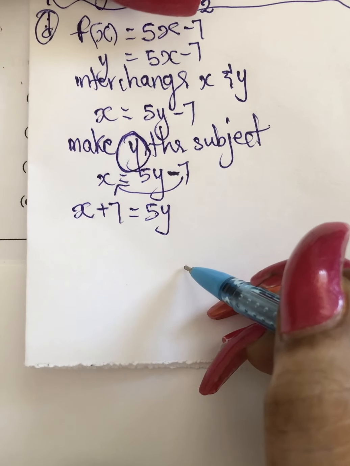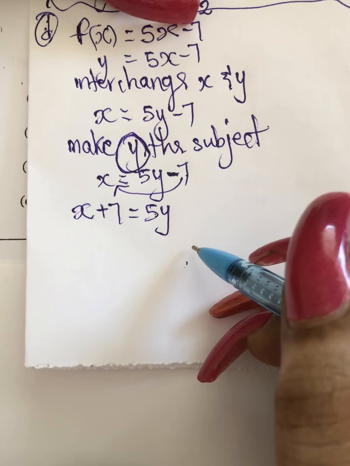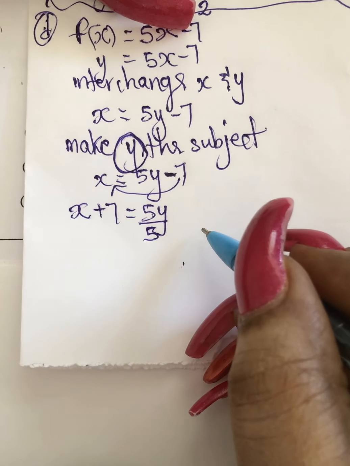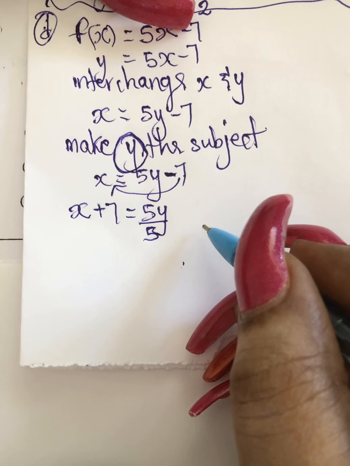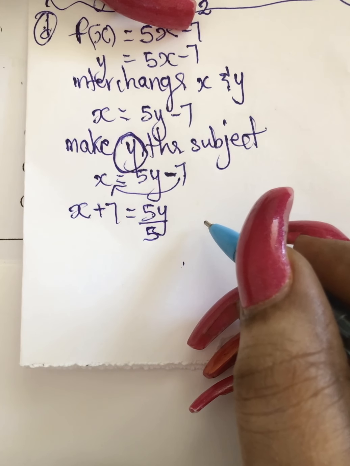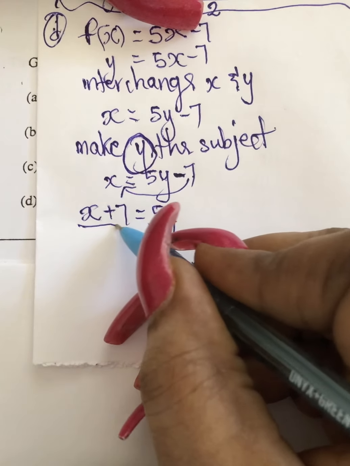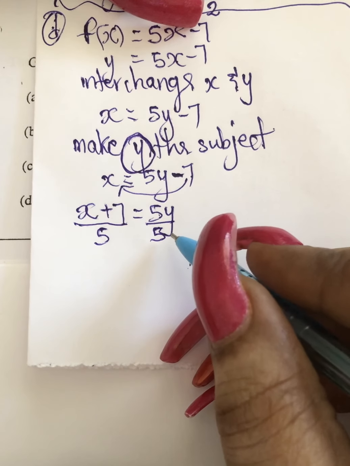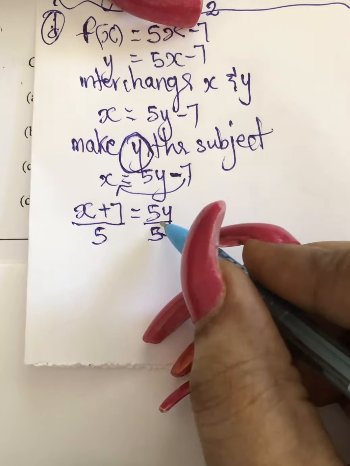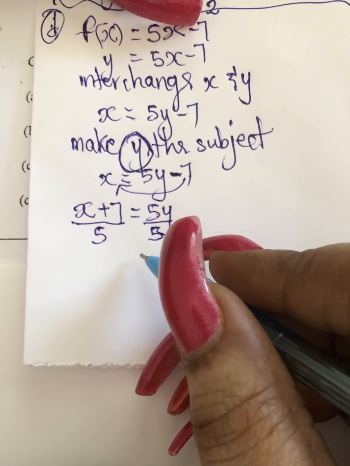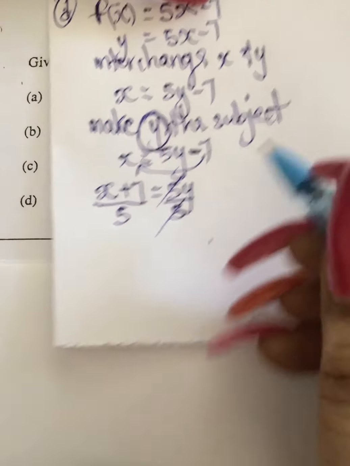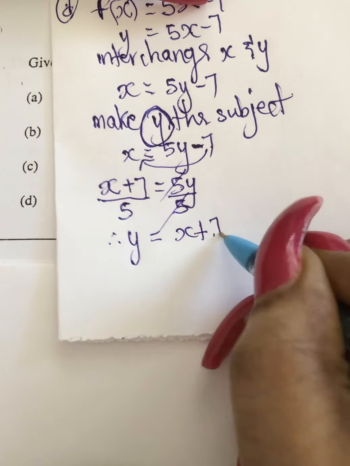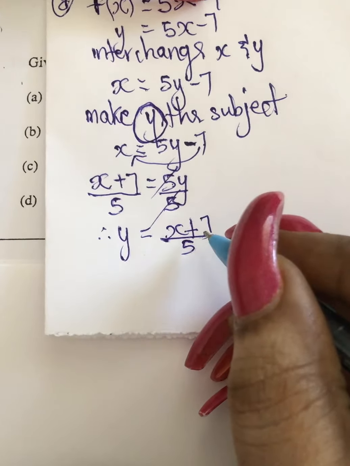5y means 5 times y. The opposite of multiplication is division. And remember, it's an equation and you must balance your equation. So if you divide one side by 5, you have to do the exact same thing on the other side. So we divide the other side by 5. So we simplify after this stage and we will see that y is equal to (x plus 7) all divided by 5.